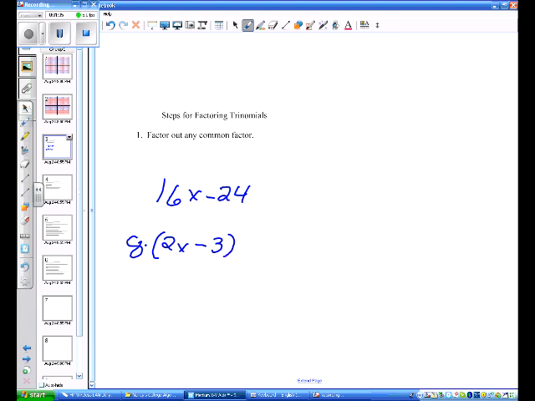If we look at another one, let's say that we want to factor 6x to the 4th minus 18x cubed plus 12x squared.